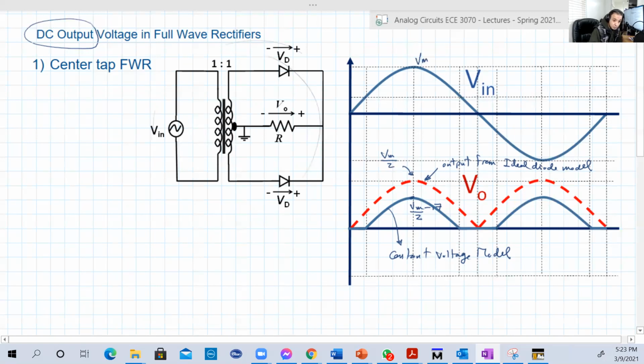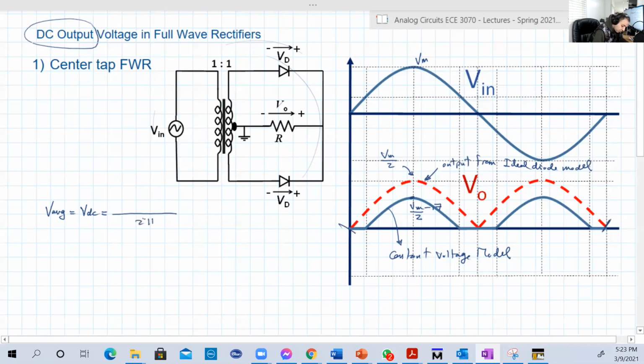From that red output, we're going to calculate the average value of the output. We know that the average value, V average or VDC, equals: you take one cycle and integrate the function over this one cycle.